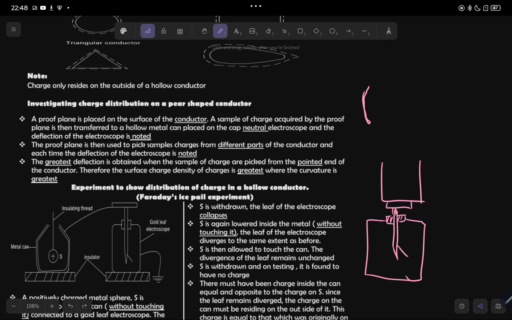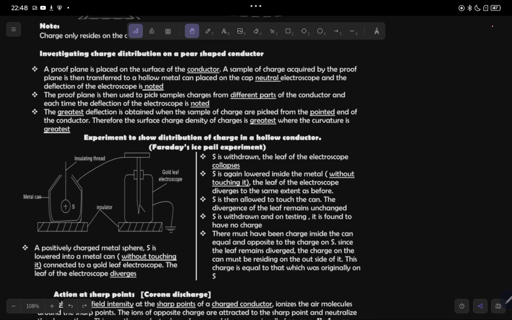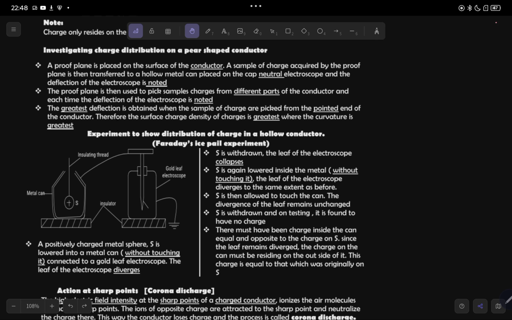Now, we also take interest to discuss Faraday's ice pile experiment, which shows that charge only resides on the outside of a conductor. This setup is shown here, whereby we have a gold leaf electroscope to study for us the behavior of these charges. We have a Faraday's ice pile, or a metal can, which is placed on an insulating stand.